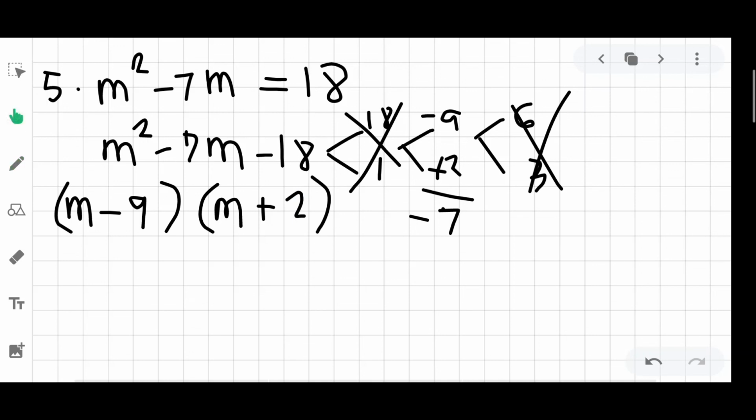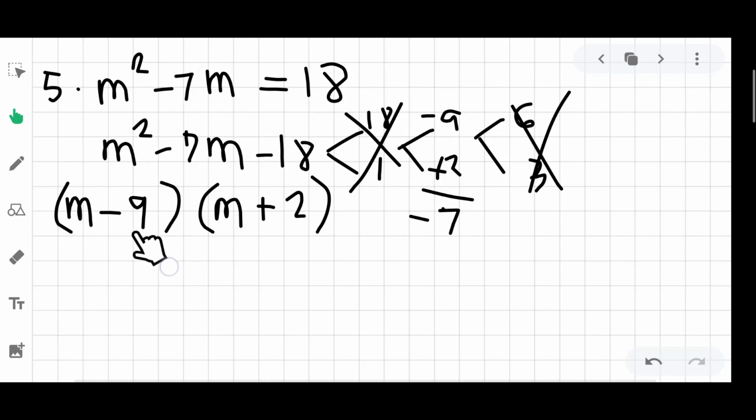To check kung tama ba yung pagpa-factor natin, just multiply the last term. Negative 9 times positive 2, the answer is negative 18. So, tama ang sagot natin. Pwede na natin kunin ang mga solutions ng quadratic equation.